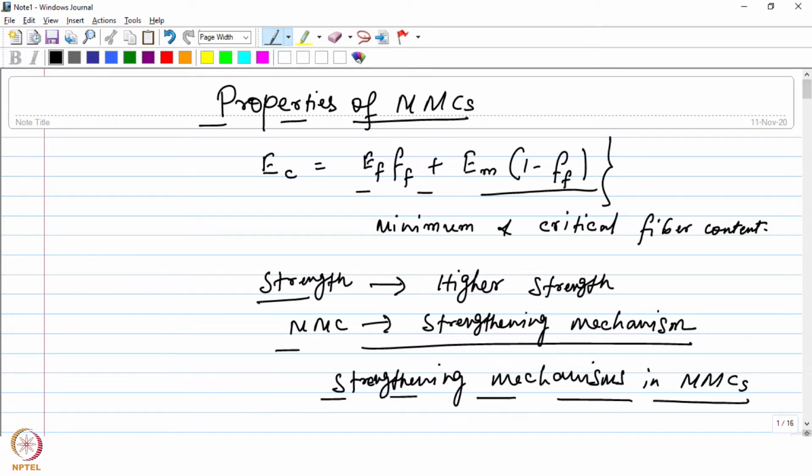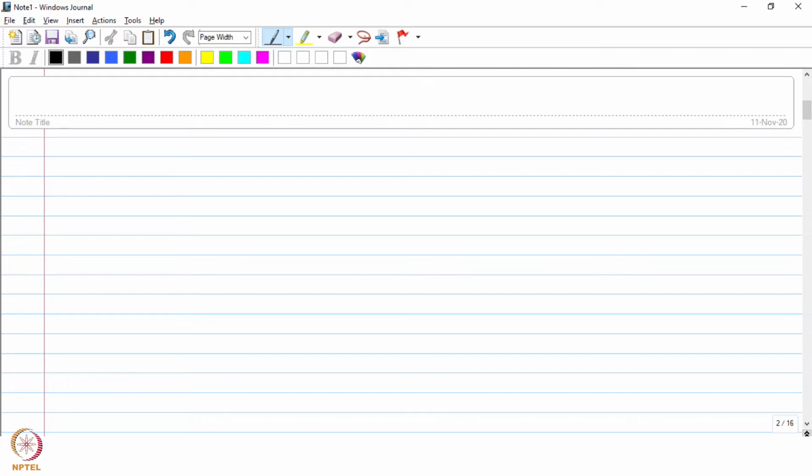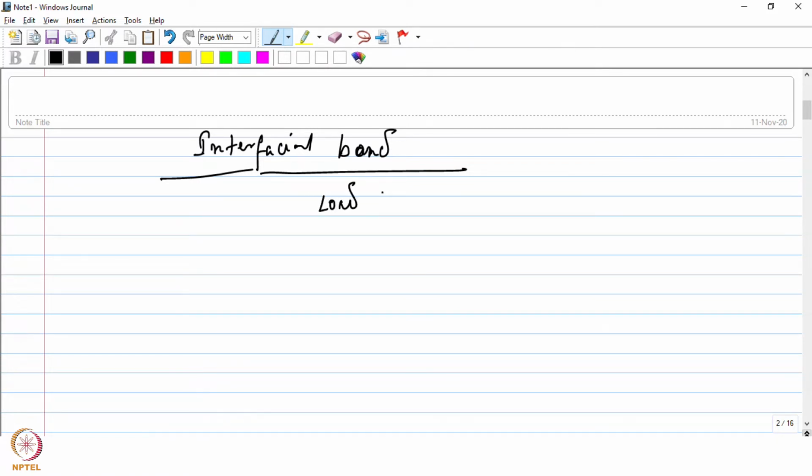So if you remember, I said that the interfacial bond between the reinforcement and the matrix is very important. This is due to the fact that when the composite is loaded, the load is transferred to the stronger fibers through the interface.